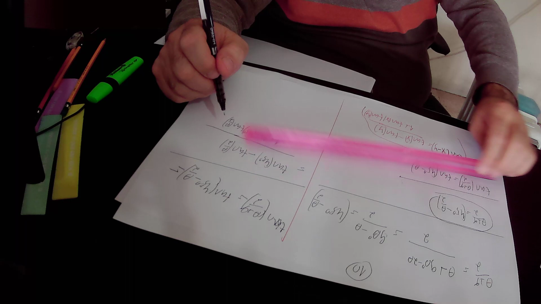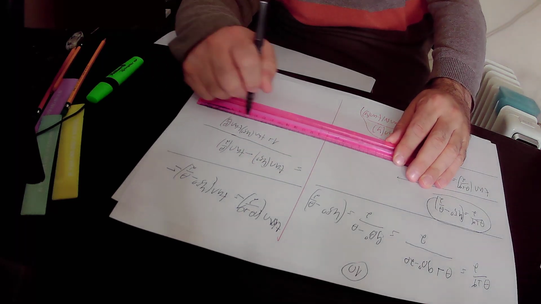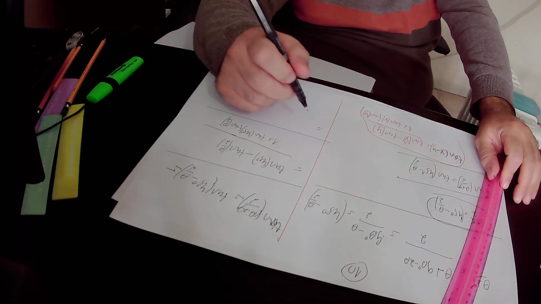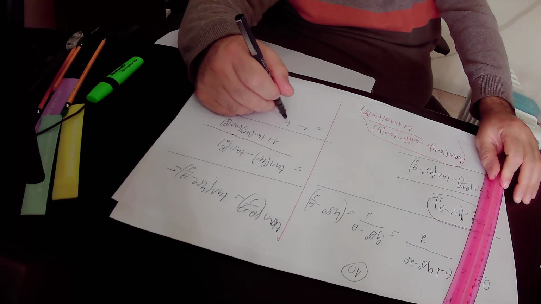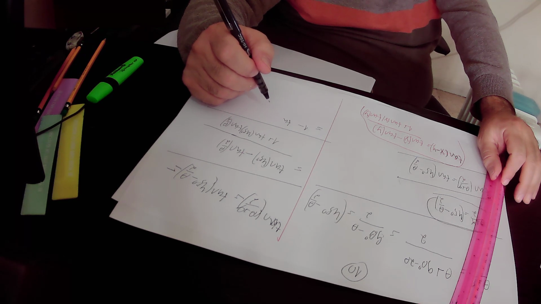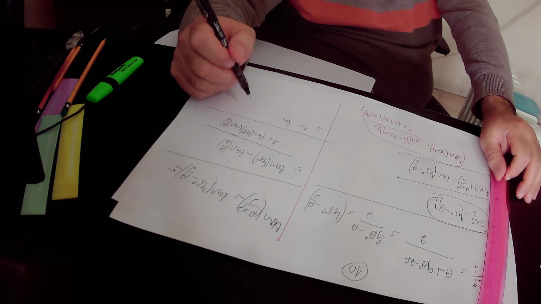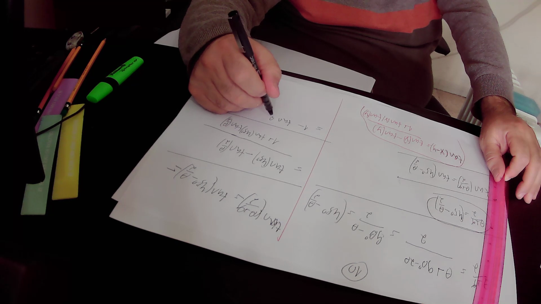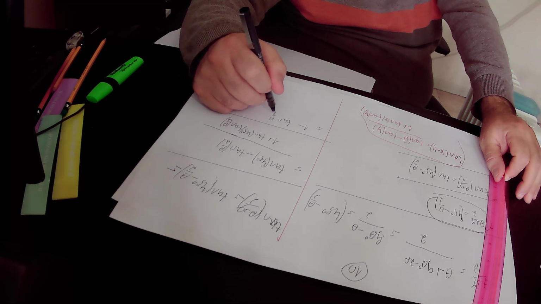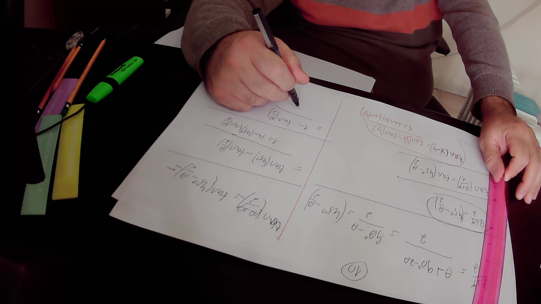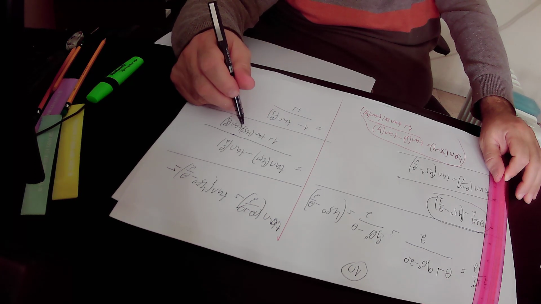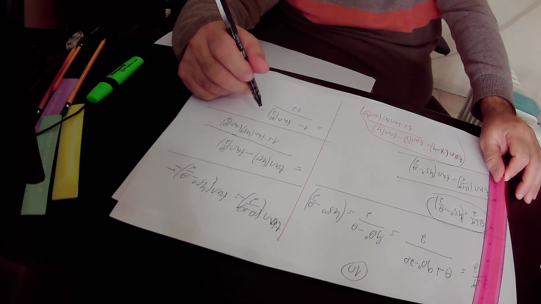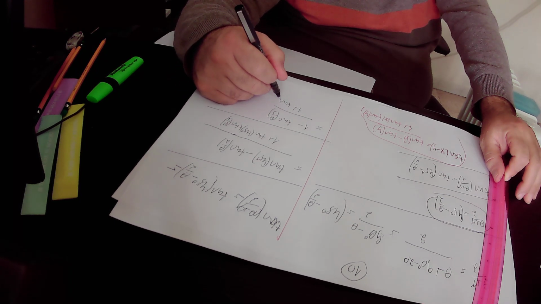As we already know, tangent 45 degrees equals 1, so we get that it is equal to 1 minus tangent theta over 2 over 1 plus tangent theta over 2.